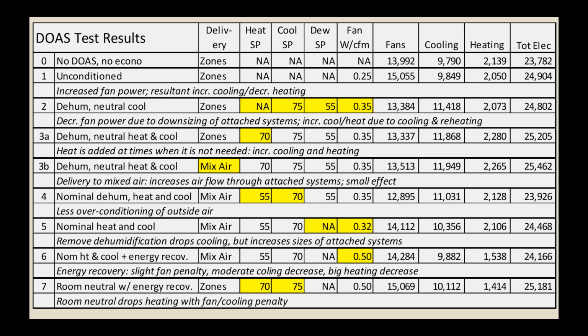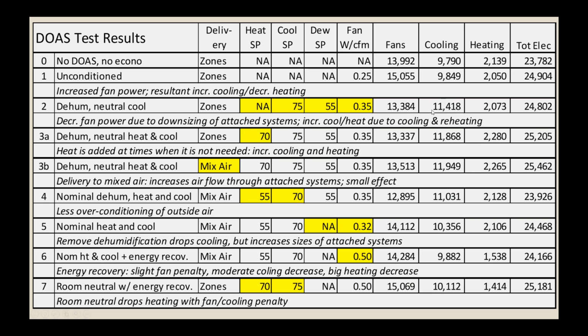So I was auto-sizing this. The fans were also downsized in that particular case because of the way the fan sizing was set up. So the fan power went down, and the cooling, however, increases because we're doing cooling in the DOAS, and sometimes that cooling is actually not useful out at the zones.